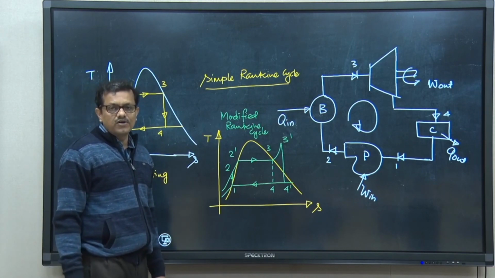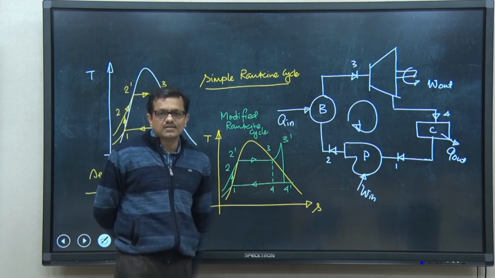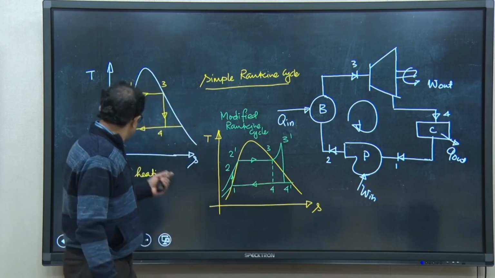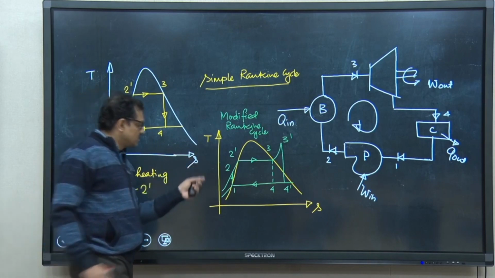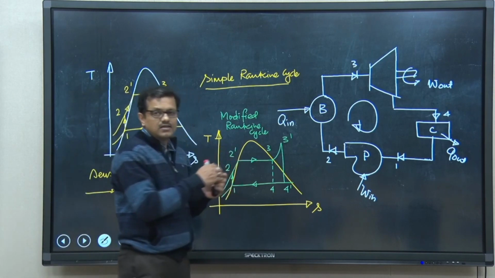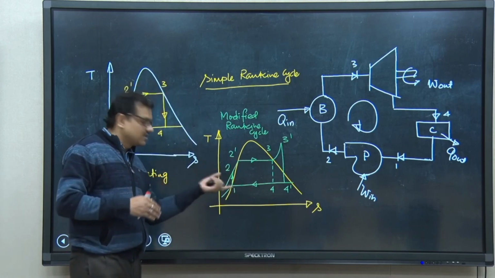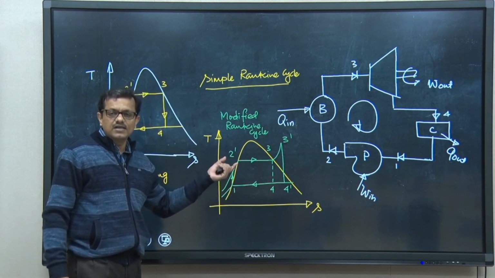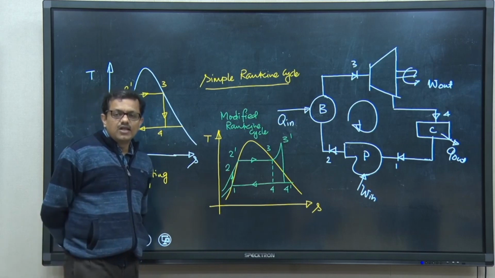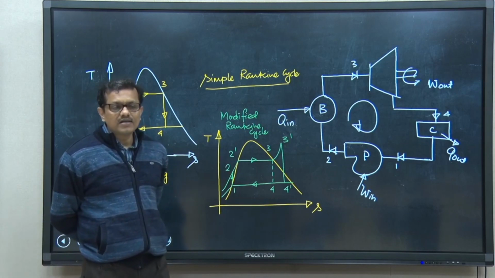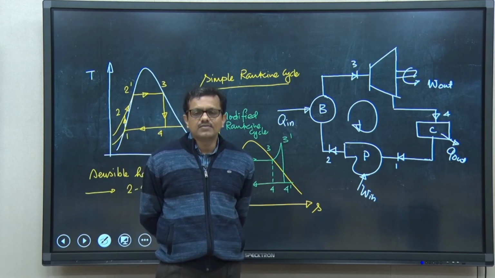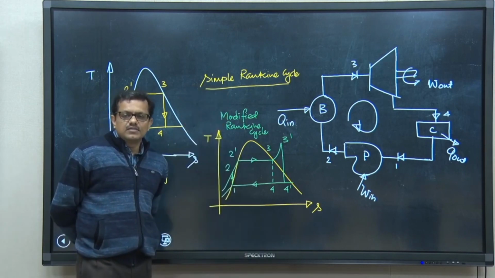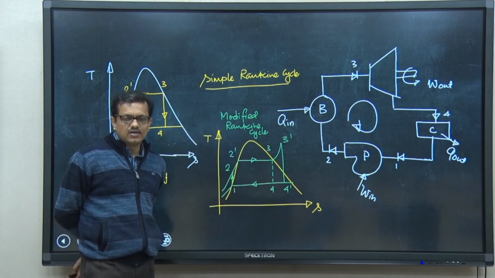The attributable factor for such a decrease in efficiency is the sensible heating component, that is 2 to 2 prime. This segment, which is nothing but heat addition at a low temperature, eventually lowers the average temperature at which heat is added to the cycle, which in turn results in a reduction in thermal efficiency.